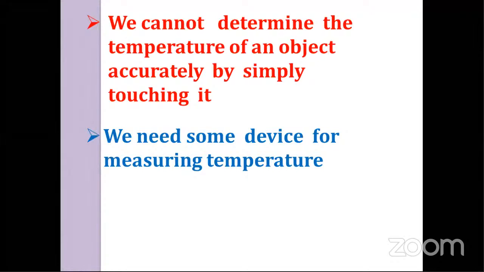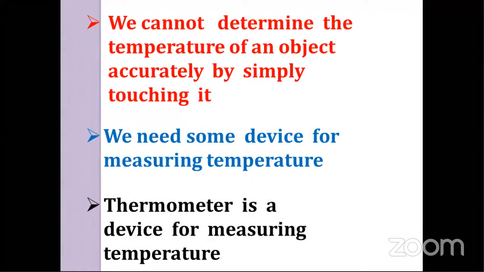So we get the information in a few seconds. For temperature, we use a thermometer, a device for measuring temperature. Here I am showing you a picture of a thermometer. We all know. See here, there are different types of thermometers we use in our day-to-day life.